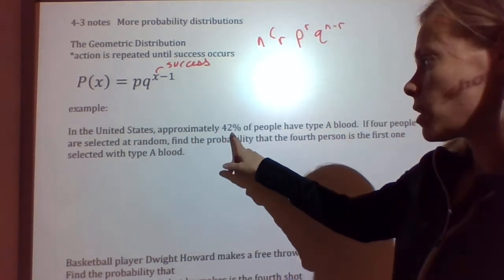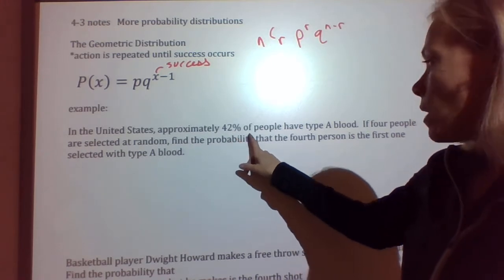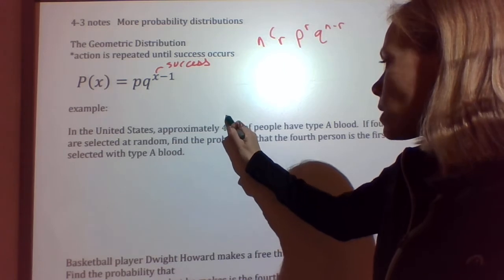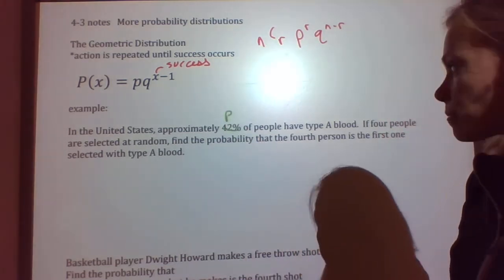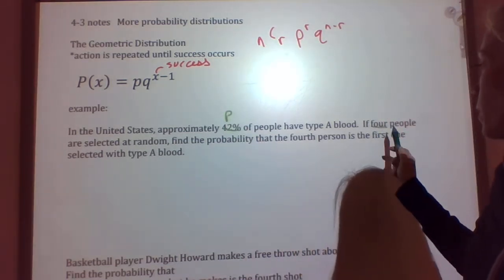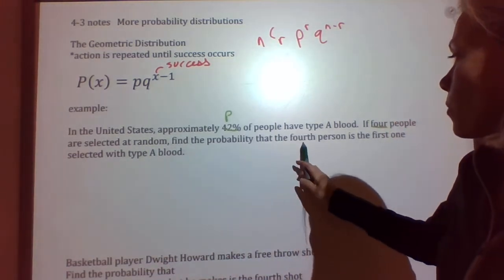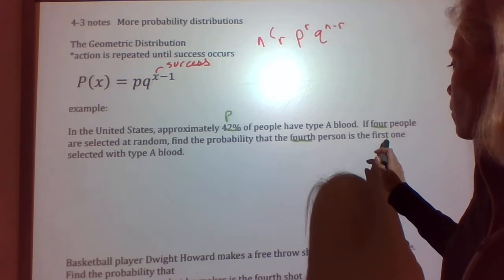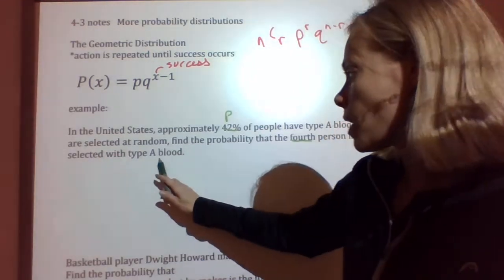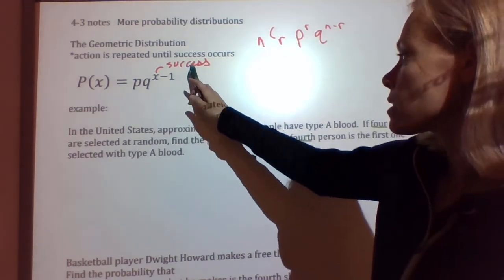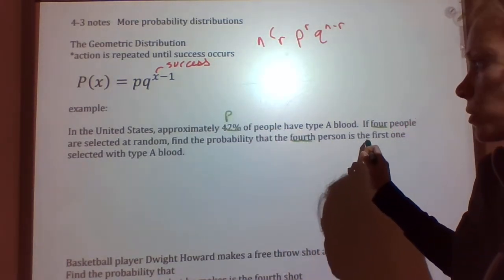In the United States, approximately 42% of people have type A blood. So that 42%, that's my P. If 4 people are selected at random, find the probability that the fourth person is the first one selected with type A blood. See how my first success is the fourth person?